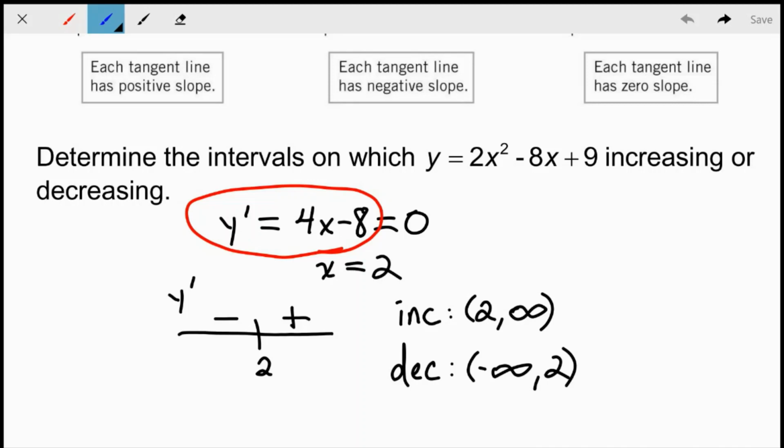So if I were going to justify why this function is increasing, I would say the function is increasing from 2 to infinity because the derivative is positive on that interval, or because y prime is positive on that interval. I would say that the function is decreasing from negative infinity to 2 because y prime is negative on that interval. So it's fairly easy to justify, but the big thing is the sign chart is not your justification. It's just a tool for us.